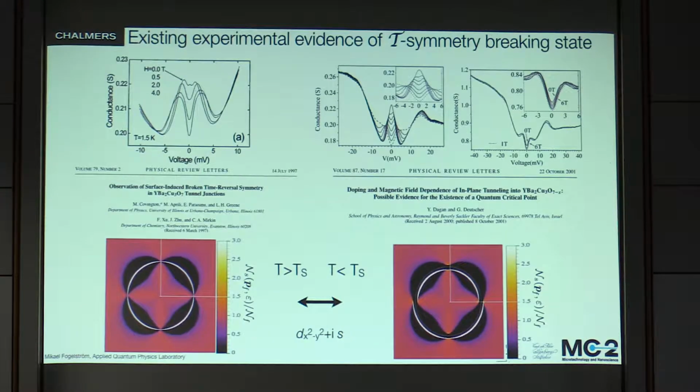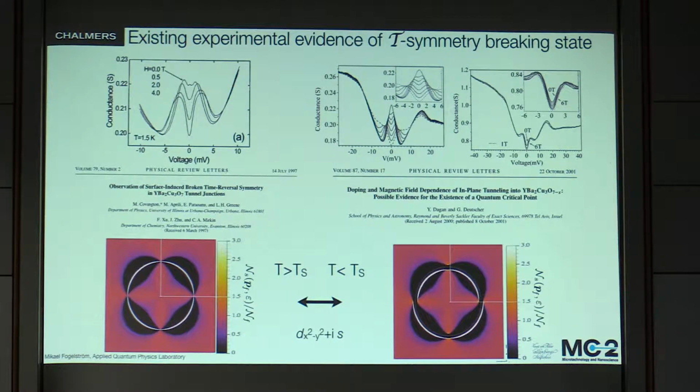Now, this is not the first time you have talked about having subdominant S-waves in D-wave. In the end of the 90s, in the beginning of this century, there was evidence of this in tunneling, because the D-wave zero energy states give you a big zero bias conductance peak, and at low temperatures this one split spontaneously without a magnetic field.